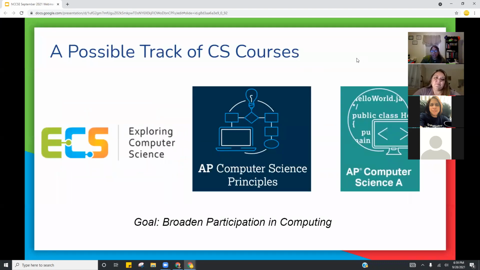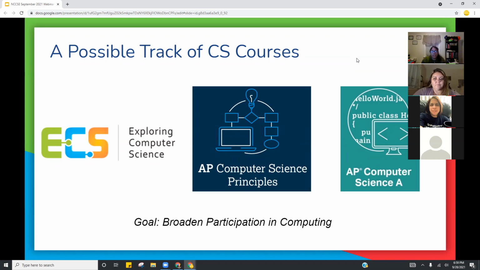So when we are talking at the center about a possible track of CS courses, this track that you see here is often the one that we see and recommend. Of course, this is not the only pathway that exists. In fact, those of you on the webinar may have a different pathway at your school currently.